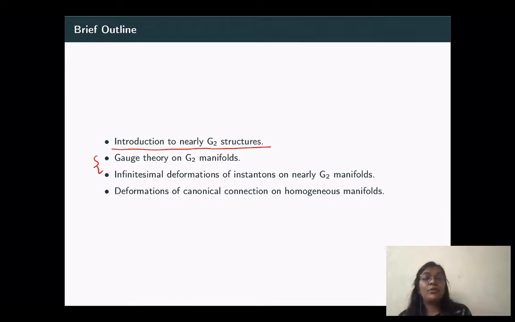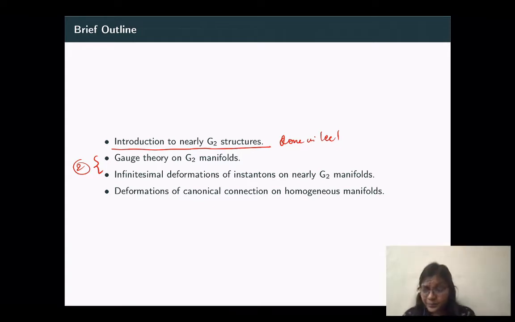I will define a G2 instanton on a manifold with a G2 structure, and we'll also talk about the infinitesimal deformations of a G2 instanton on a nearly G2 manifold. The last part, the deformations and the canonical connection, will be covered in lecture 3.